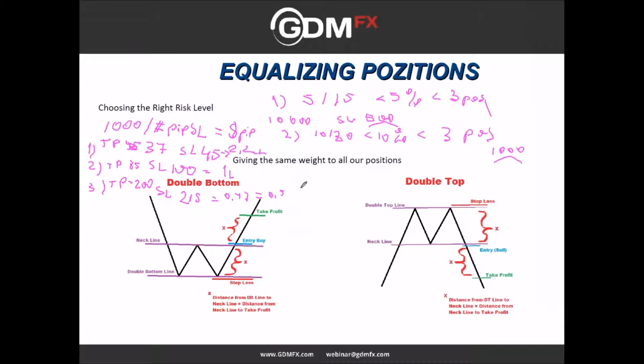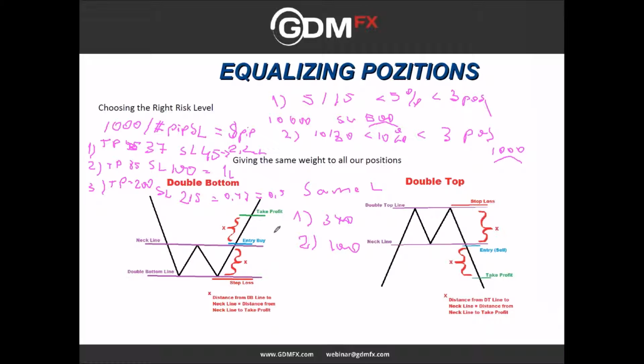I will write them down here. Same lot size, we will have position number 1 have made a profit of $370. Position number 2 have made a profit of $1,000, as we have assumed that the first two are profitable, and all of them with one lot, 37 pips, $370, and so on and so forth.